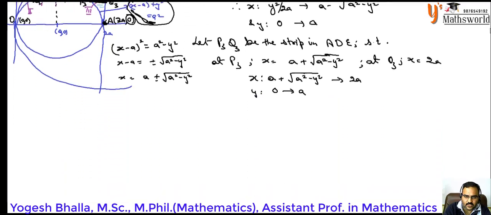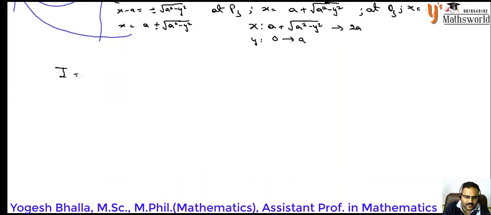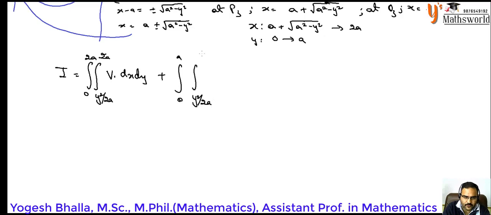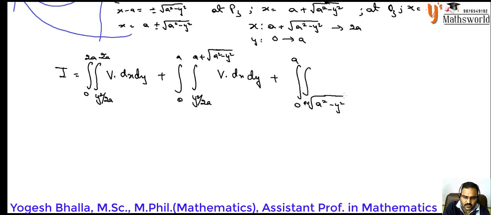So in a nutshell, the given integral is equal to the integral from 0 to 2a, y square by 2a to 2a, of v dx dy, plus the next, 0 to a, with the second range y square upon 2a to a plus root of a square minus y square, of v dx dy, plus the third integral, 0 to a, and then a plus root of a square minus y square to 2a, of v dx dy.